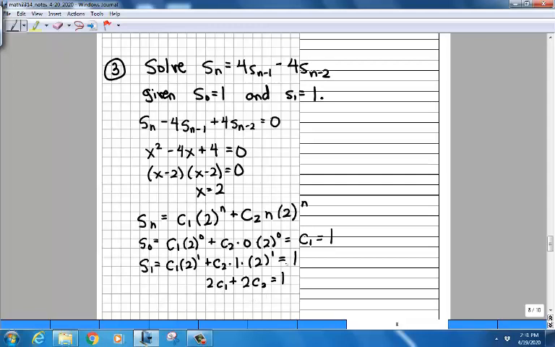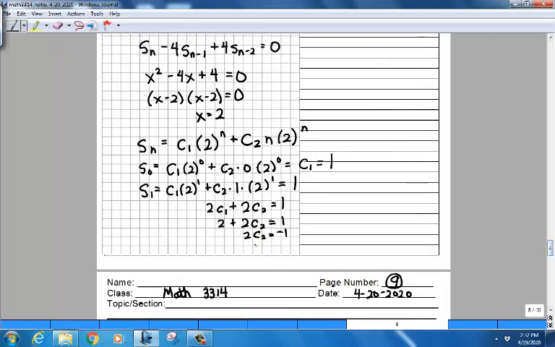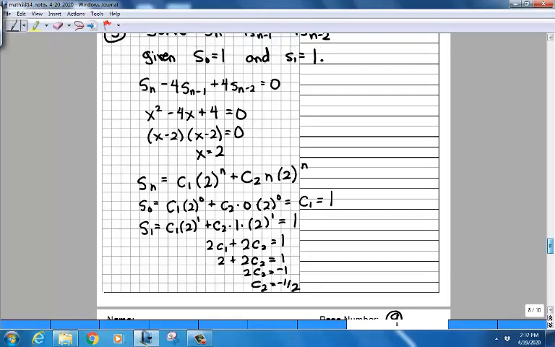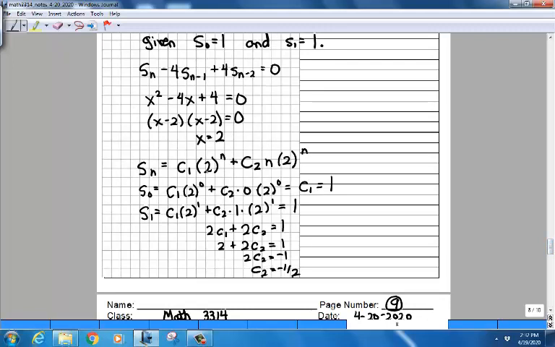But c_1 we already discovered was 1. So I have 2 plus 2c_2 equals 1. So 2c_2 is minus 1, or very nicely here, c_2 is equal to minus 1/2. So those are the specific values for c_1 and c_2 that will match these particular initial conditions.